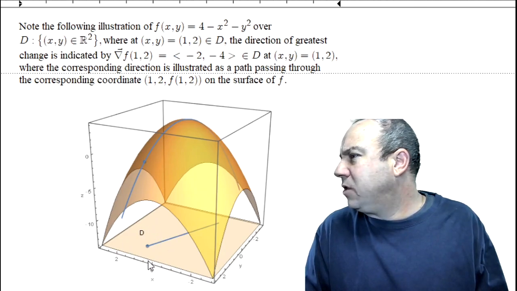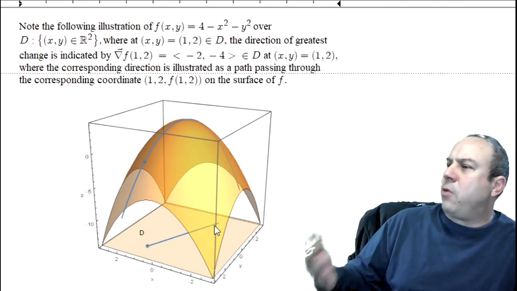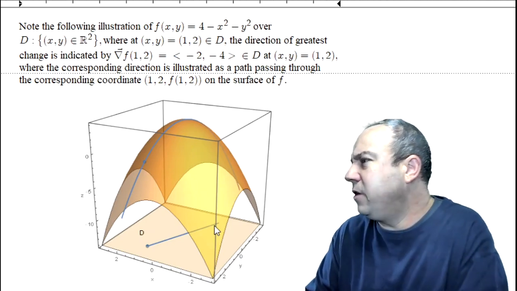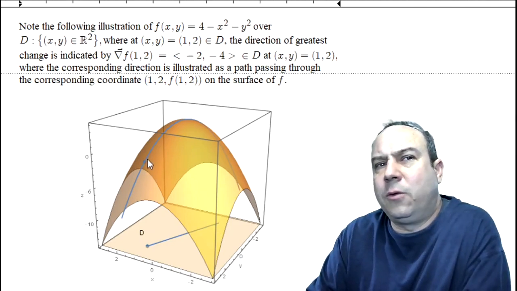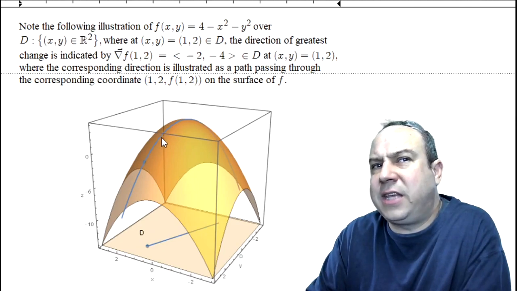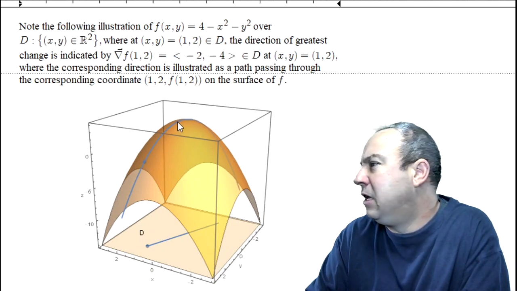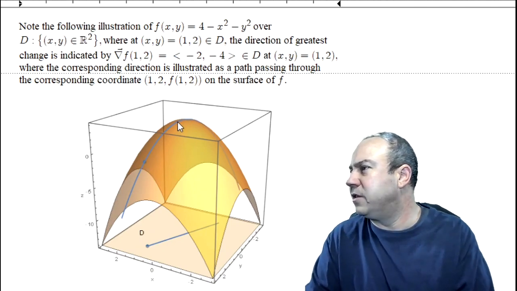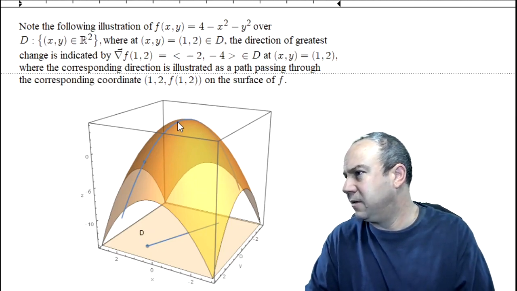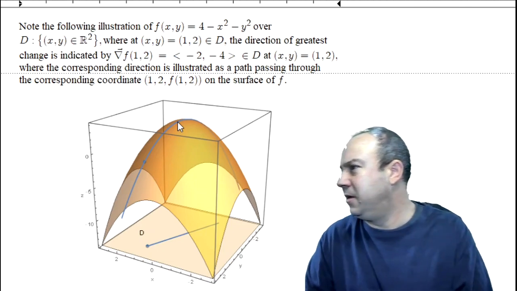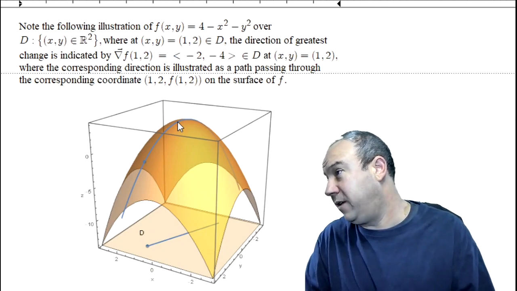What the gradient will tell you is that direction you would move in that produces the greatest rate of change in the output of your function. Here we can see that the greatest increase would put us right in the direction of reaching the pinnacle of this surface the quickest. It would be the path to the top, at any given point, we might say.